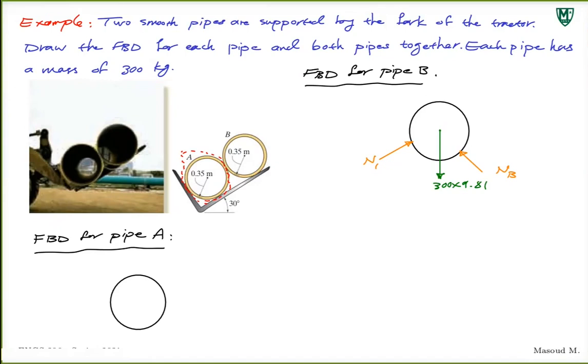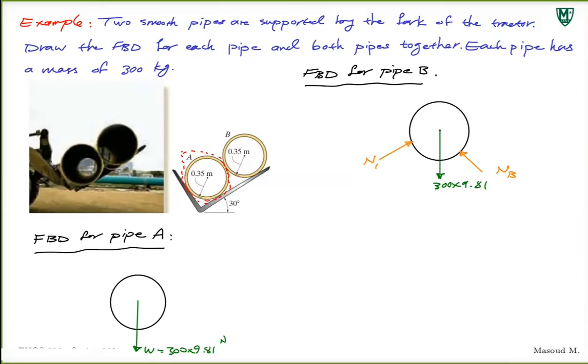So forces on this one. What do we have? Weight. We have the weight, right? It's the straightforward one. Put it exactly in the center of mass. And as I said, if you have an axis symmetric shape like this, center of gravity is in the center. So that would be W equal to 300 times 9.81 newtons, whatever that value is.